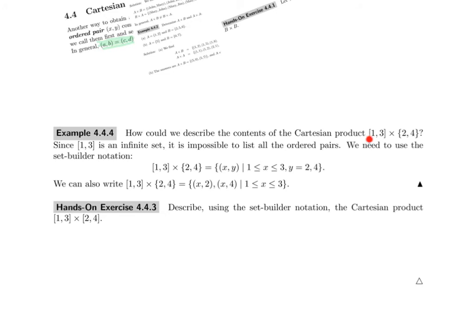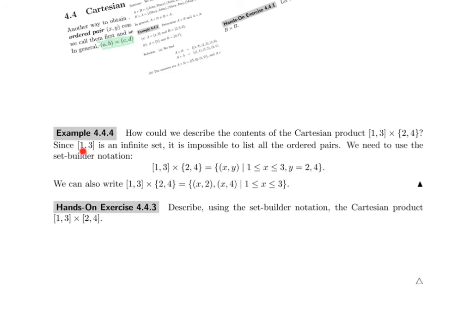Notice the interval [1, 3] has all real numbers between 1 and 3. There are infinitely many numbers in this interval. Any decimal number you could imagine that lies between 1 and 3, including 1 and 3, since the brackets are square, will be in this set. The second set in our Cartesian product is just a finite set consisting of the two elements 2 and 4.